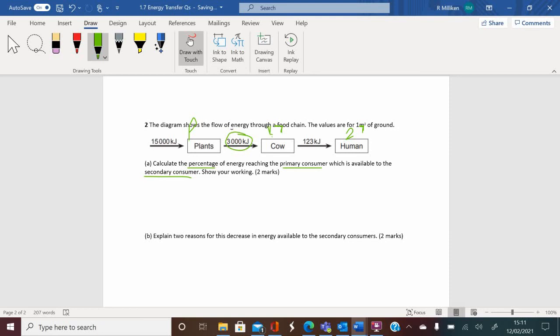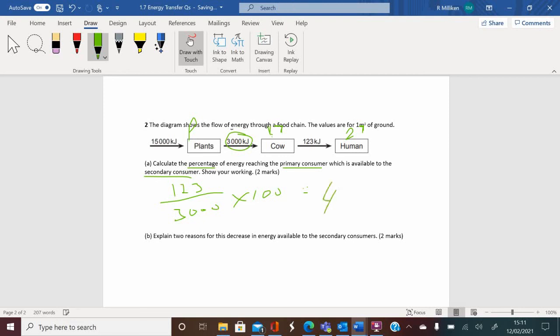Of the 3,000 going into the cow, how much goes to the human? It's 123. So what is 123 divided by 3,000 times 100? When you put that into your calculator, 123 divided by 3,000 times 100, it's 4.1.